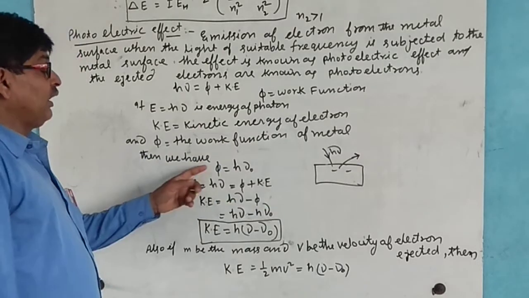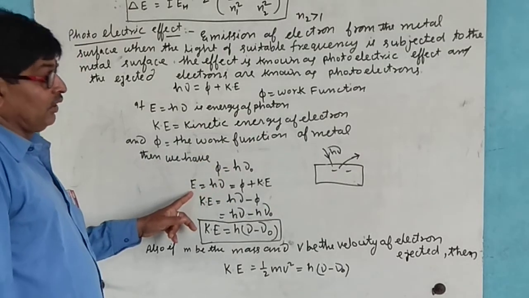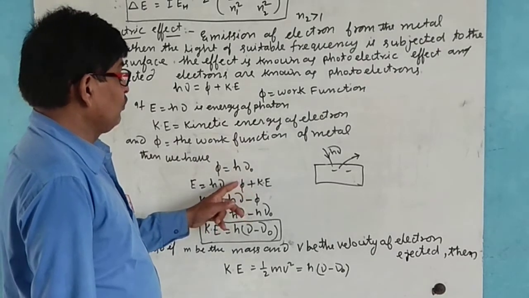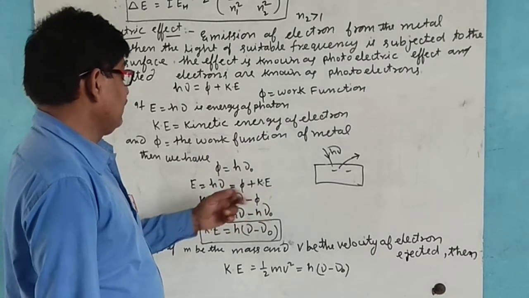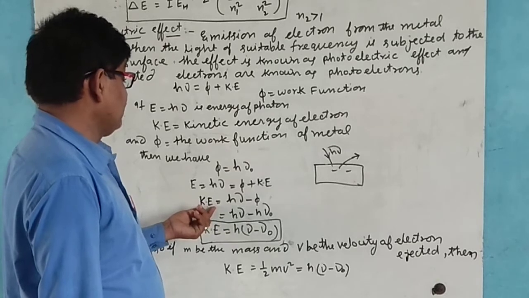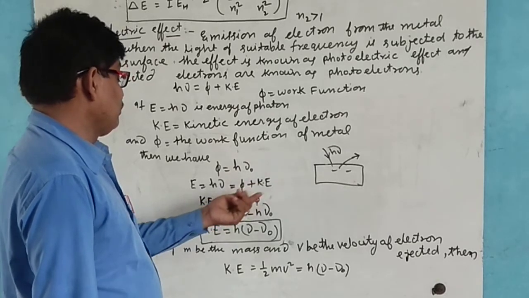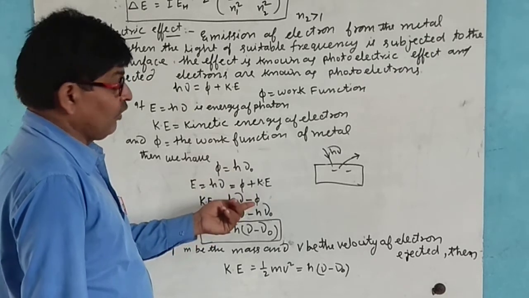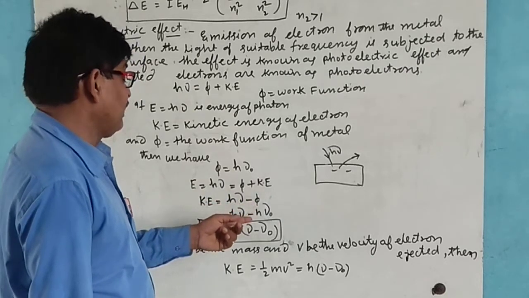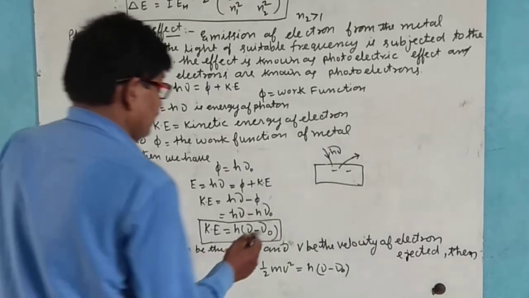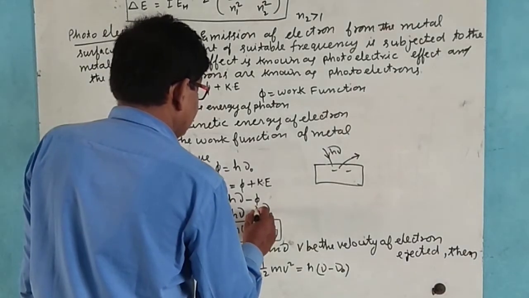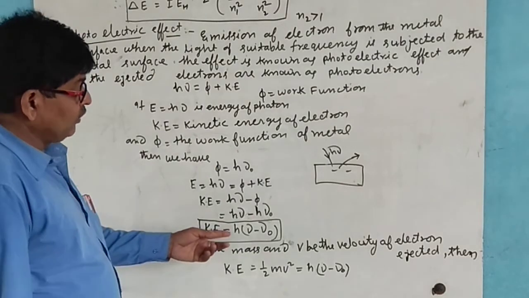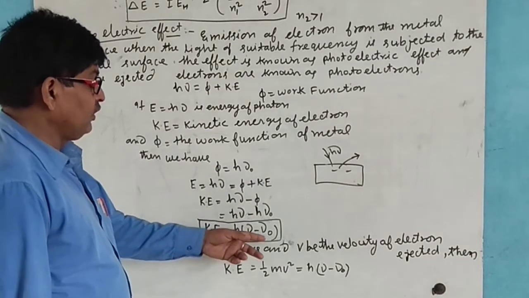So the energy h nu is equal to phi plus kinetic energy, so kinetic energy equals h nu minus phi, and the work function can be written as h nu 0, so kinetic energy equals h nu minus h nu 0.